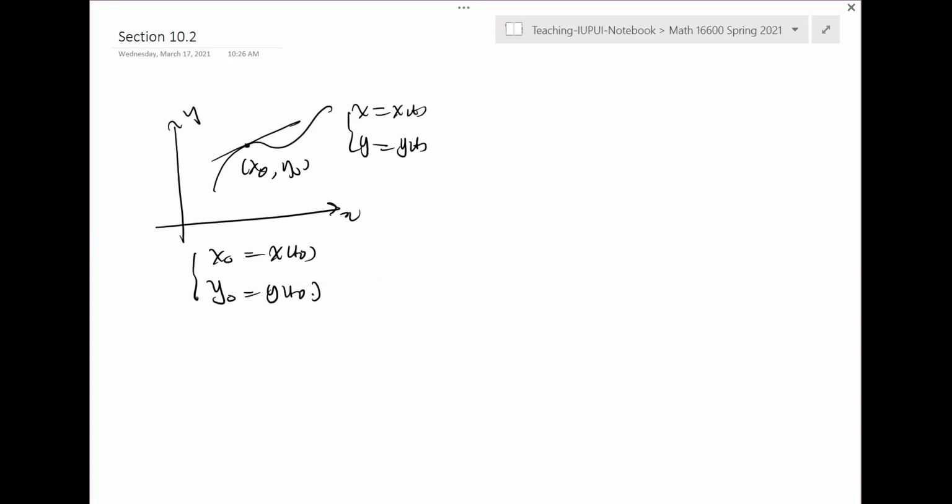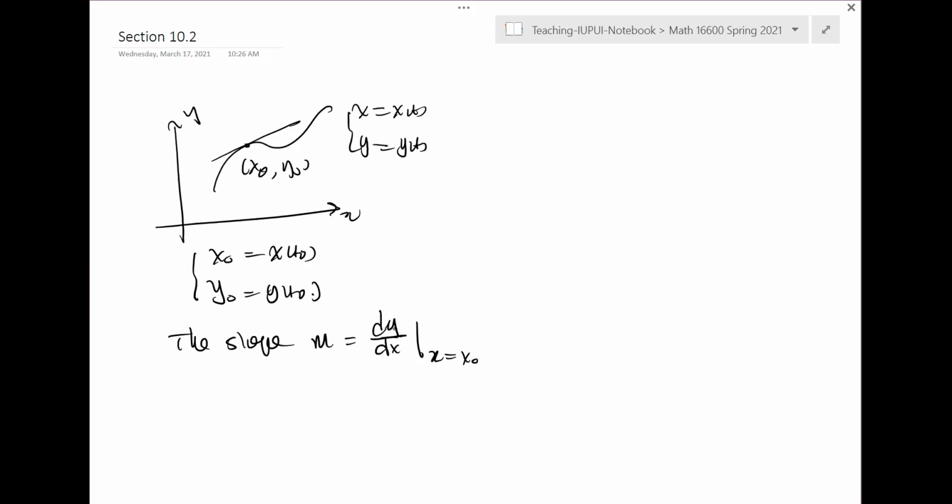So the question is, how do we find the slope? If we view it as a graph of some function, then that'll be dy dx, right? However, in some cases, we cannot find the function.